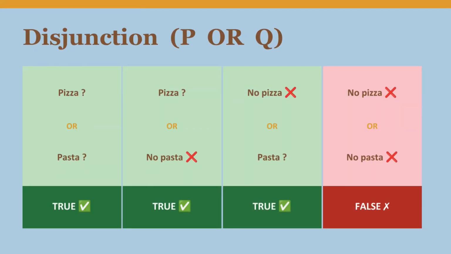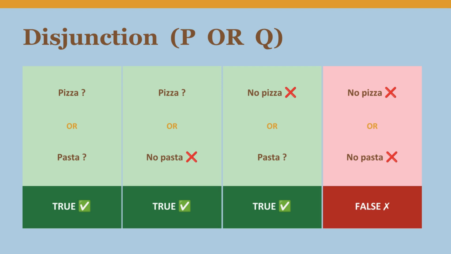we have pizza or we don't have pasta. The third, we don't have pizza or we have pasta. The last combination, we don't have pizza or we don't have pasta. Notice that "or" is true in 3 out of 4 cases.